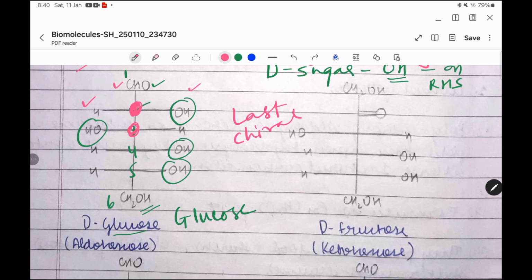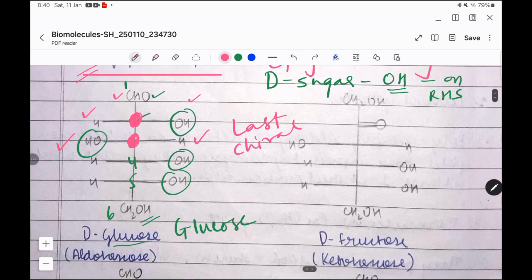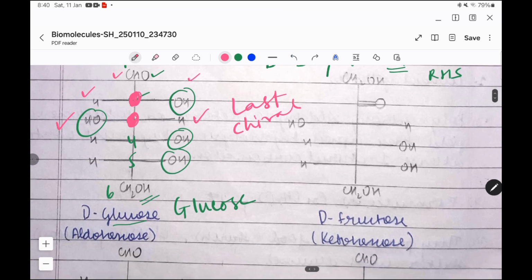Then this is another chiral carbon atom because it is attached to 1, 2, this is the third one, and this is going to be your fourth one. This is the fourth group. In this manner, this is also going to be your second chiral carbon atom. In this same manner, if you go on seeing, this is also chiral, this is also chiral. So total, how many chiral carbon atoms are present in glucose? There are total 4, out of which the last one is this one.